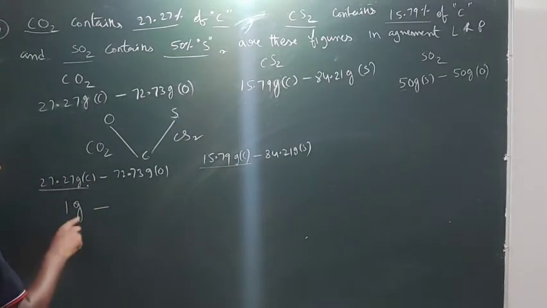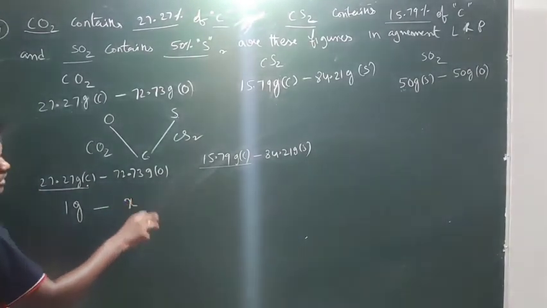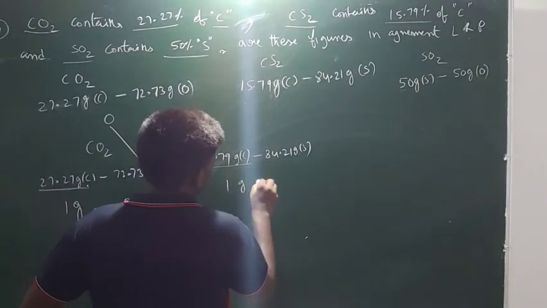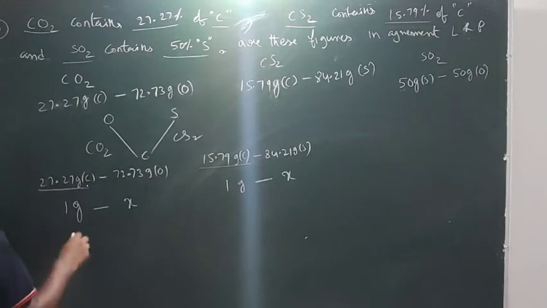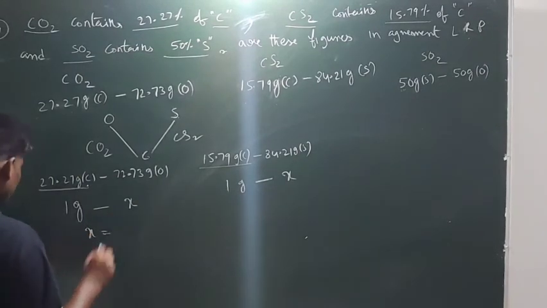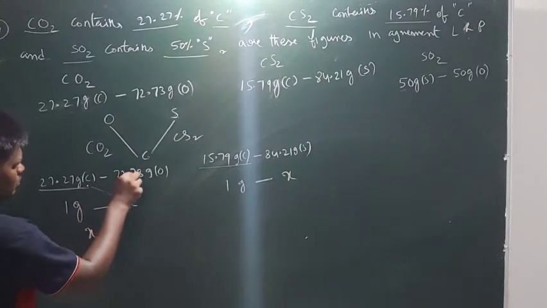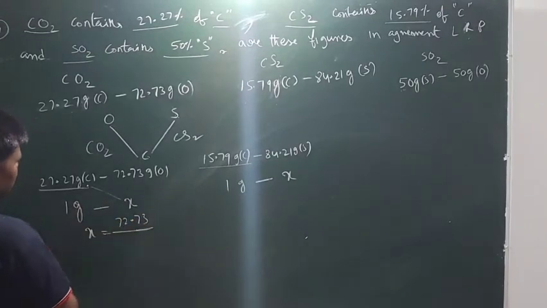So if mass of the carbon is 1 gram, then mass of the oxygen will be X. And here mass of the carbon is 1 gram and mass of the sulfur will be X. Now guys, by cross multiplication you can get X equal to 72.73 by 27.27.